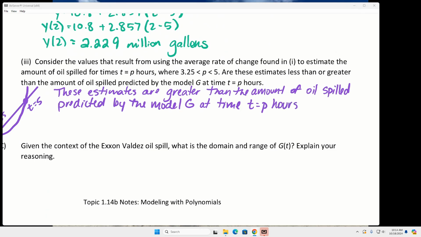All right, so I am going to go back after t equals p hours and say that p is between these two. All right, but we do have to explain our reasoning.